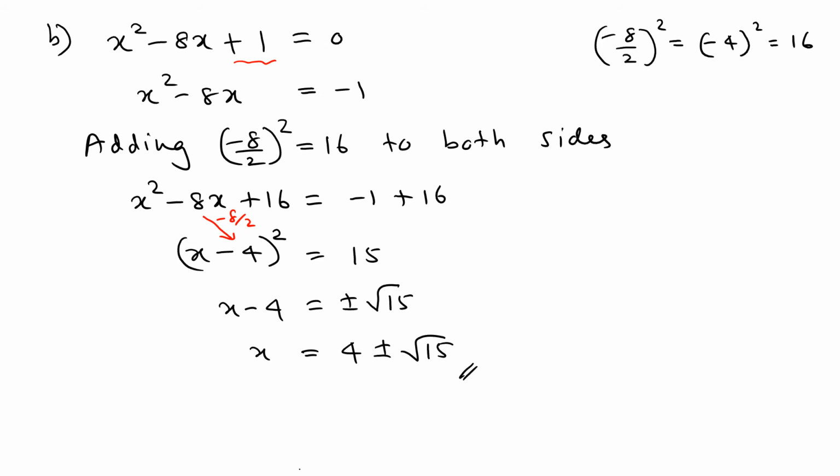So let's look at the next one. Let's say we have negative 3t squared plus 12t plus 17 equals 0. And when you look at this problem, you can see that the leading coefficient is not 1. So that means we have to use the factoring argument.